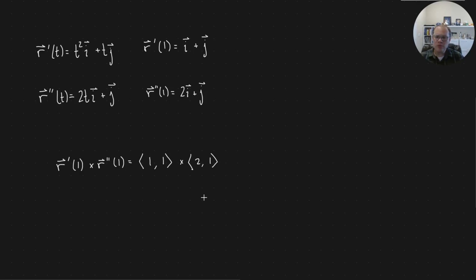How do I take a cross product of two 2-dimensional vectors? Well, I actually have to embed them in 3 dimensions. So I'm going to embed them in the xy plane. I'll leave x and y the same, but if it's in the xy plane, that means z is equal to 0. Whenever you take a cross product of 2-dimensional vectors, you need to embed them in 3-dimensional space.